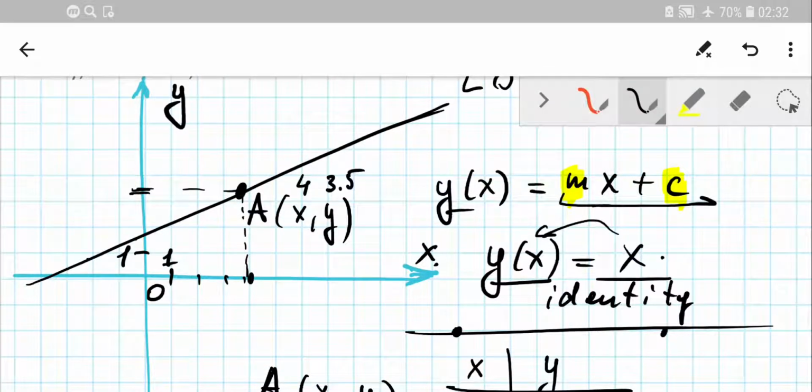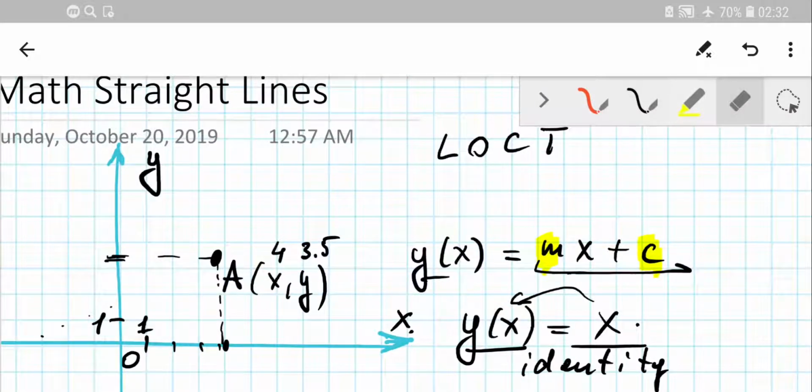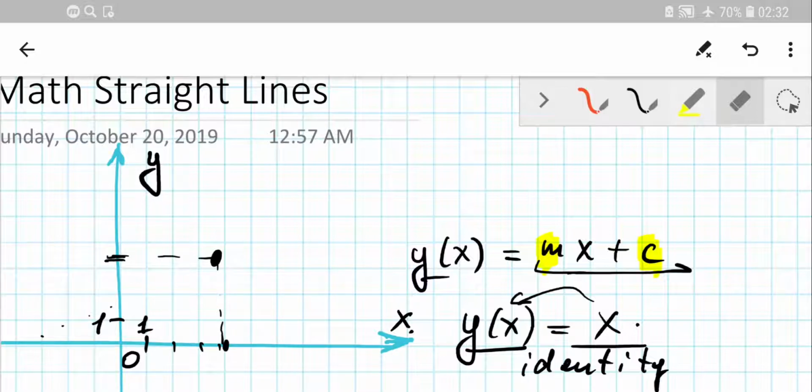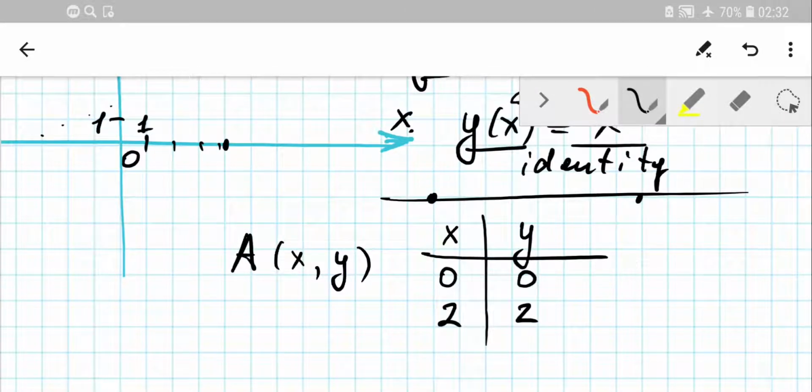Alright, let's build it up. I erased my previous line where I defined the locus, and also this point, because I need space. So we have two points. The first point is (0, 0), and the second point is (2, 2).